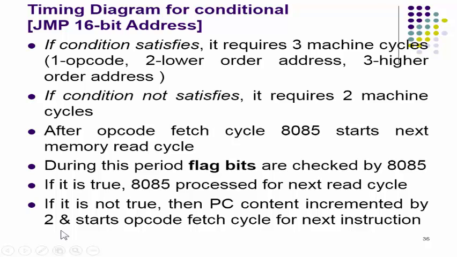That means the 8085 skips the current 2 machine cycles to start the new instruction cycle. So the PC content is incremented by 2 and the opcode fetch cycle starts for the next instruction.